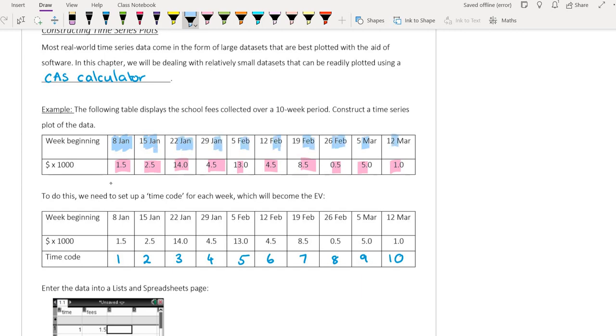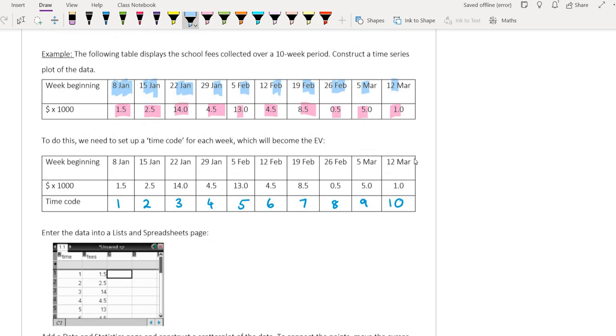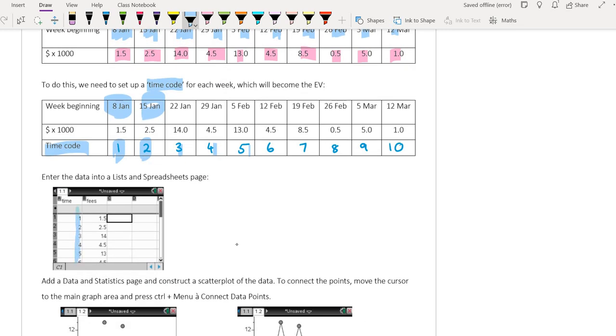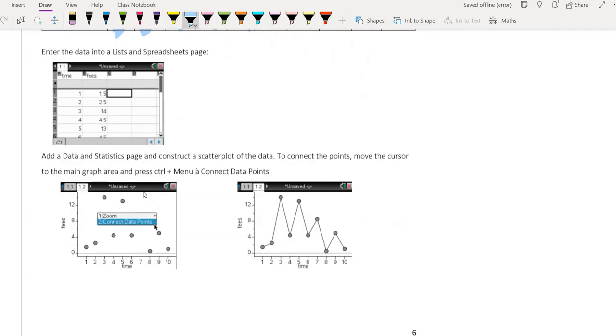Now, the best way to put these in is to give them what we call a time code. So representing the first thing that you're given as 1, this is 2, and so on. So putting them as 1, 2, 3, 4, 5, like numbered time, rather than putting it, obviously you can't really put 8th of January into your CAS.